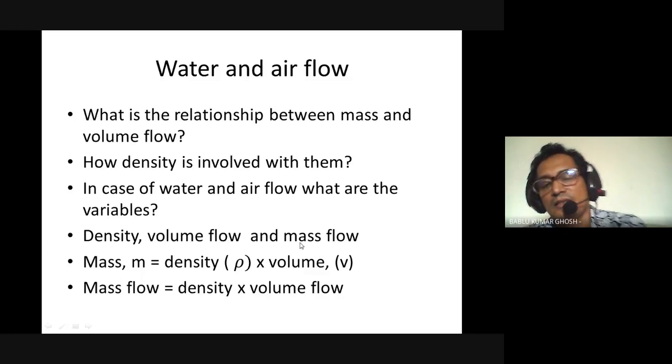Another is that volume flow is related to mass flow. You know that mass equals density multiplied by volume. If you take the derivative with time, mass becomes mass flow, density no longer changes with time, and volume becomes volume flow. So volume flow we can write in terms of mass flow and density ratio.